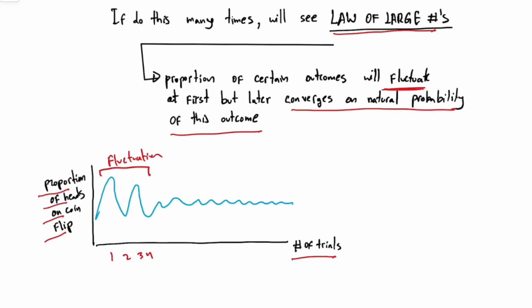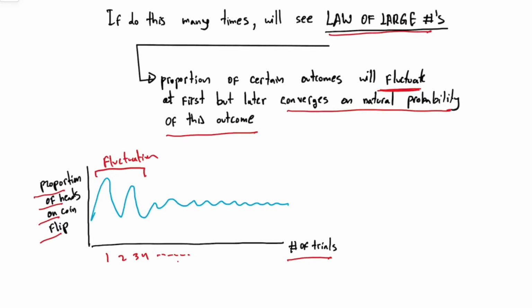But as you get more and more trials, let's say trial 100, 200, etc. So we're kind of compressing the scale of the graph here. We're going to get convergence. And as you can see, it's converging to a particular value. And in this case, it's going to be 0.5.